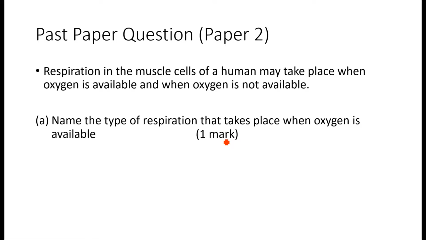This is referring specifically to Assessment Objective 1, which refers to information, which is knowledge with understanding. So I'm going to write a K for knowledge and U for understanding. And as you naturally know, it is aerobic respiration, so it's just information as it is.